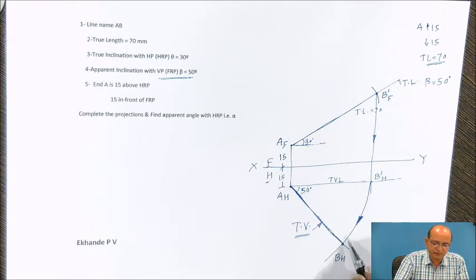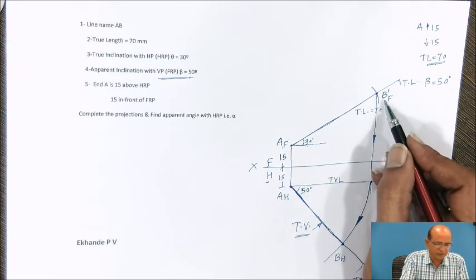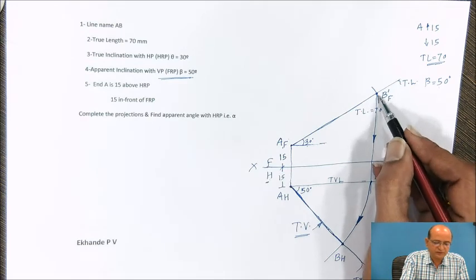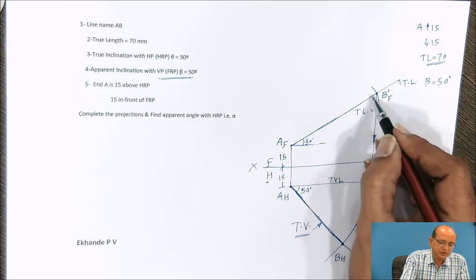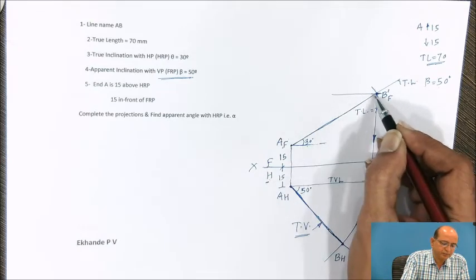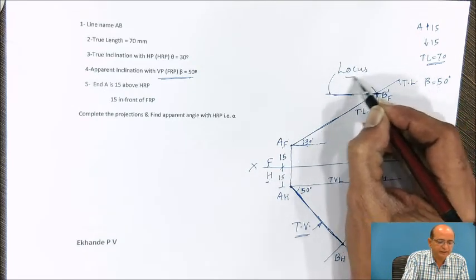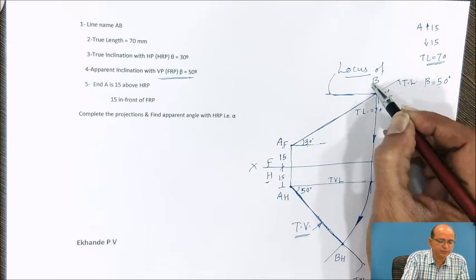We will draw the projector from this BH in the upward direction, in such a way that it has the intersection with the locus drawn from this B dash F. The locus is a line parallel to the XY line. So this is the locus of the B end of the line.